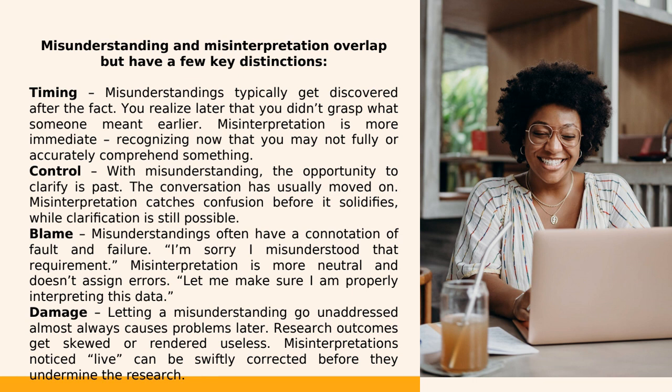Blame. In the private communication or individual communication, you have blame, which is also a factor. So misunderstandings often have a very dramatic flavor. So, for example, misunderstanding is more failure. It's not always easy to say, I misunderstood, right?